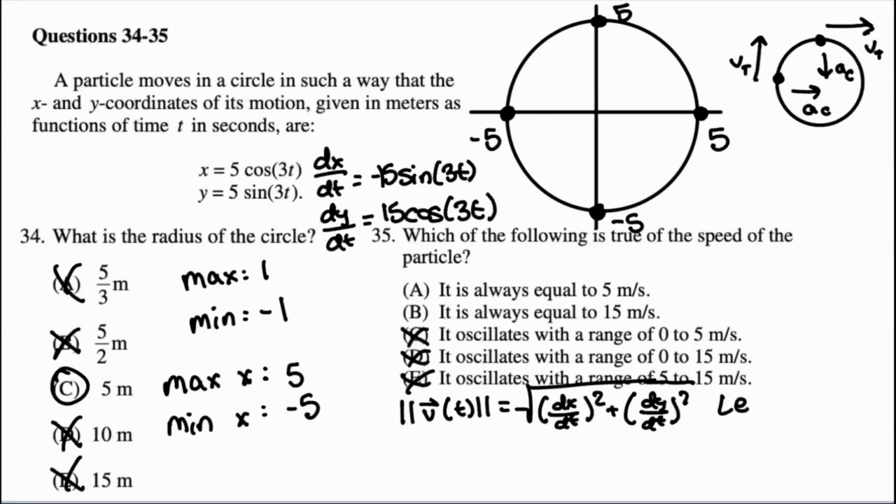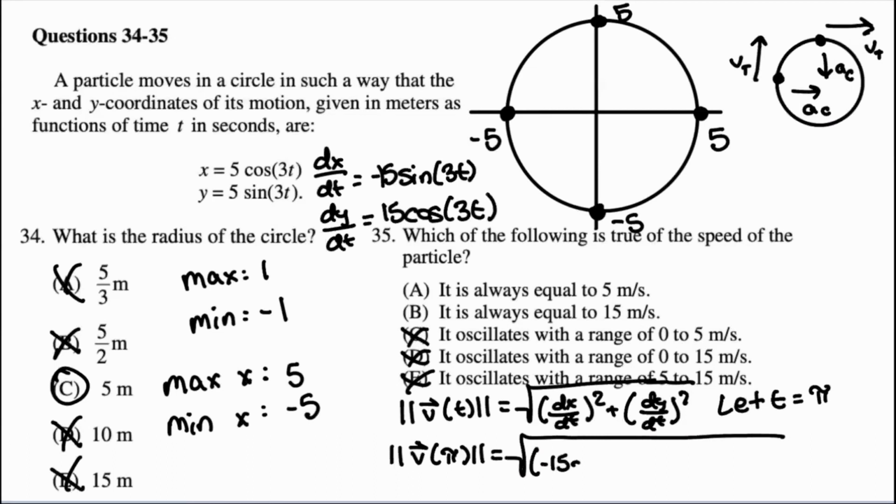So let's let t equal pi. Now we have v of pi equal to the square root of (-15 sine of 3 pi) squared plus (15 cosine of 3 pi) squared. And this is going to give us an answer of 15, which is B.